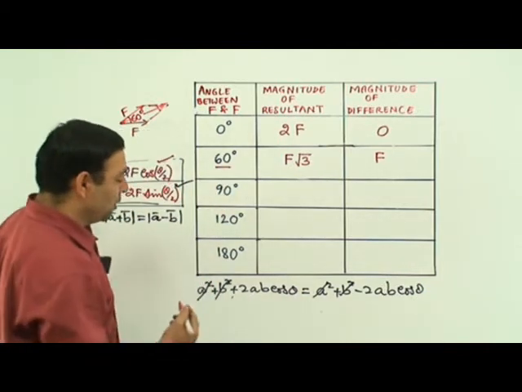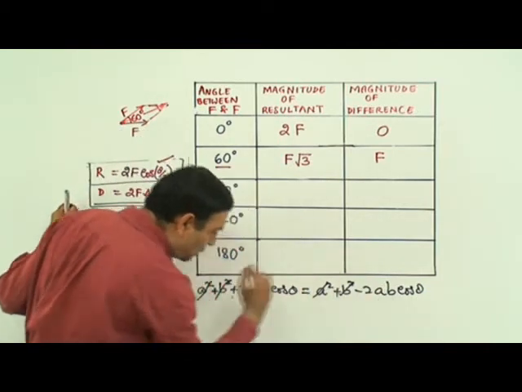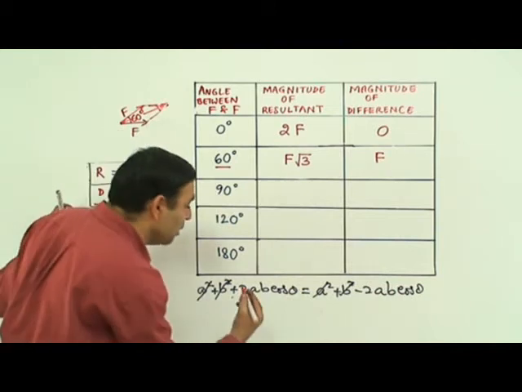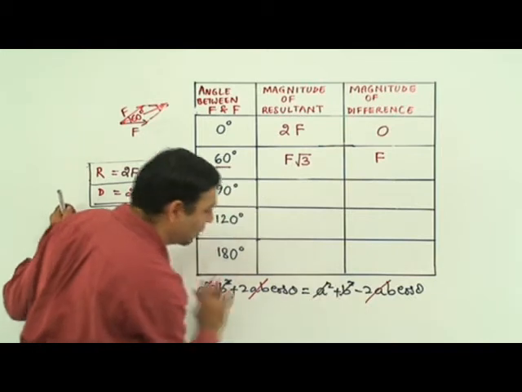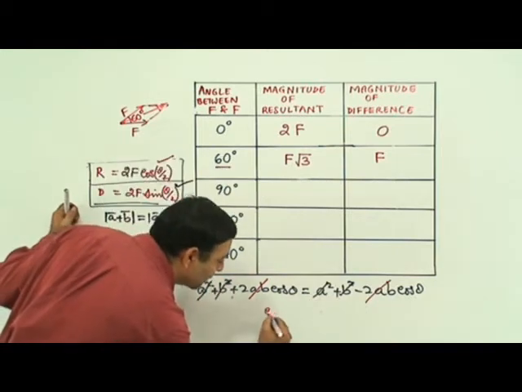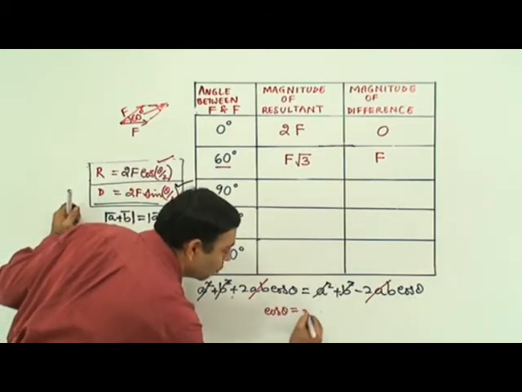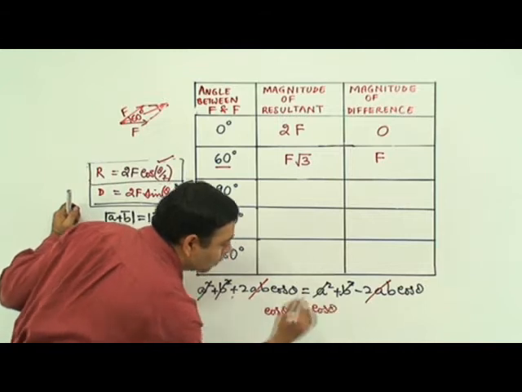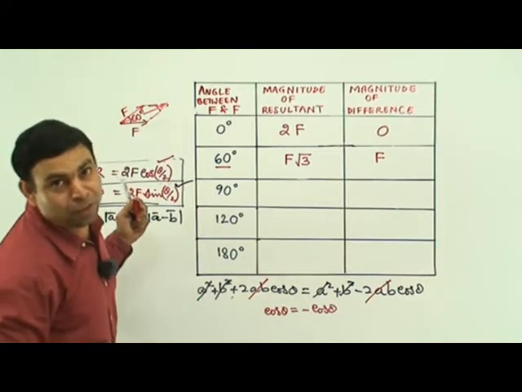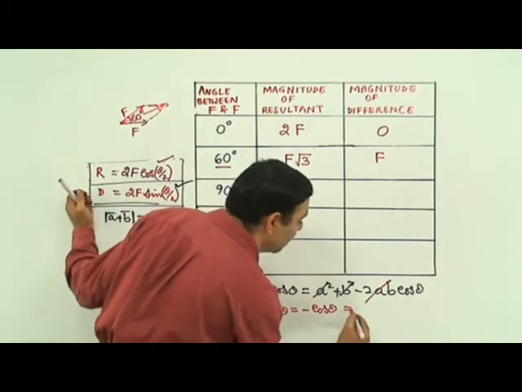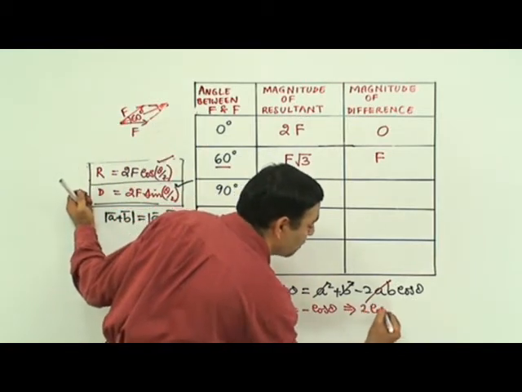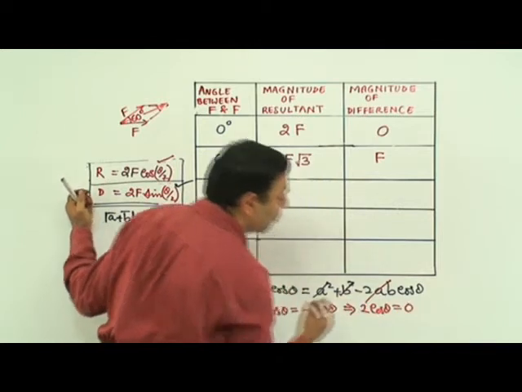So what we will do here is we'll bring that 2ab cos theta this side. Okay. So what you can do is you can cancel, if you wish, 2ab and 2ab without bringing this side as well. So what you will end up is like cos theta is equal to minus cos theta. This is possible only when cos theta is 0. Only plus 0 can be equal to minus 0. Or you bring this cos theta this side, you will end up 2 cos theta equal to 0, or cos theta is 0.